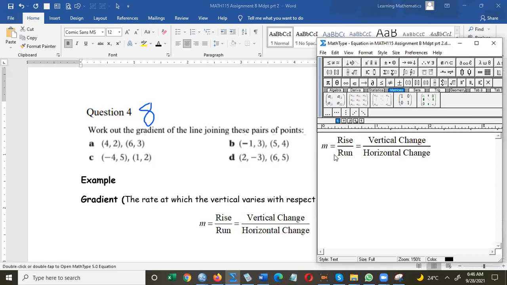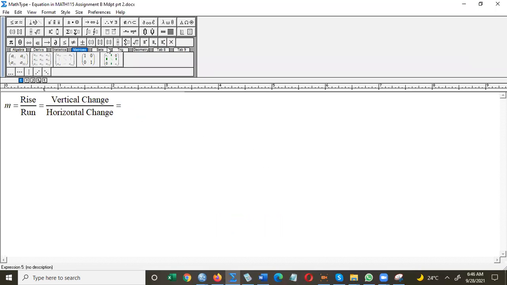Now these are words, so we need to put that in symbols. Your vertical change, we always have to associate the vertical with the y-axis. So the vertical change is y2 minus y1, divided by x2 minus x1.